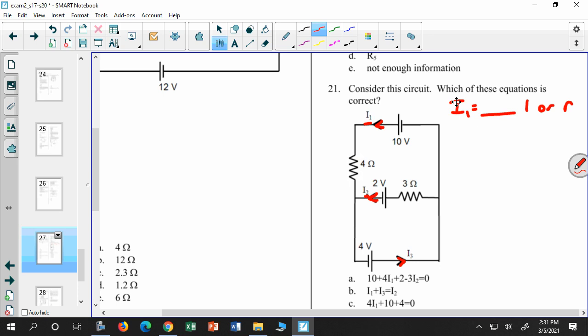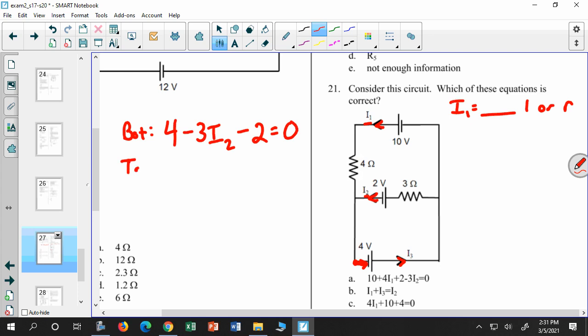Let's do the bottom. I'm going to start here and go in this direction. So that's positive 4 minus 3I2 minus 2 equals 0. Now I'm going to do the big loop, sorry, not the top loop. I'm going to start here and go in the same direction.